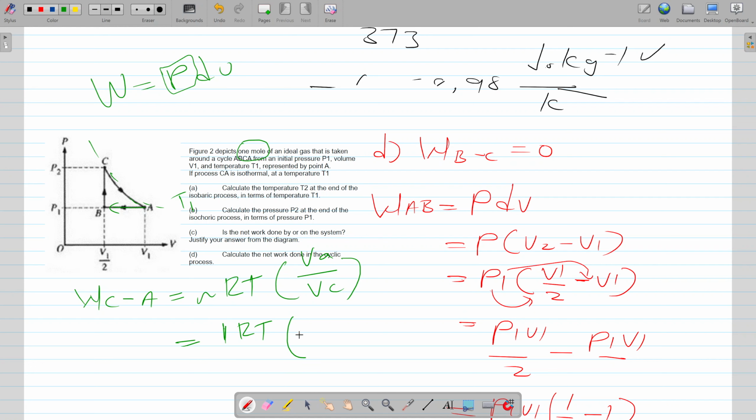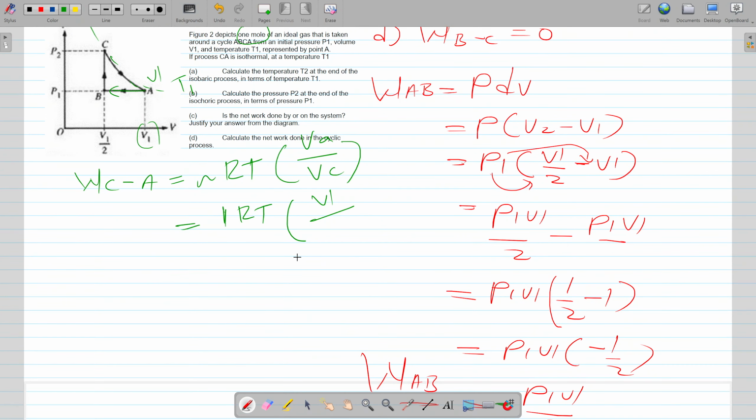We're going to have 1 RT into, okay, and then our VA here is going to be V1, because you know this is V1. So we're going to have V1 here, and then we're going to divide that by, let's see, our VC is this one here.